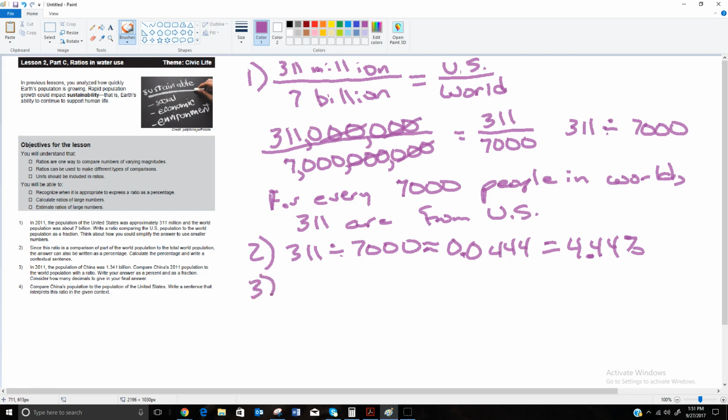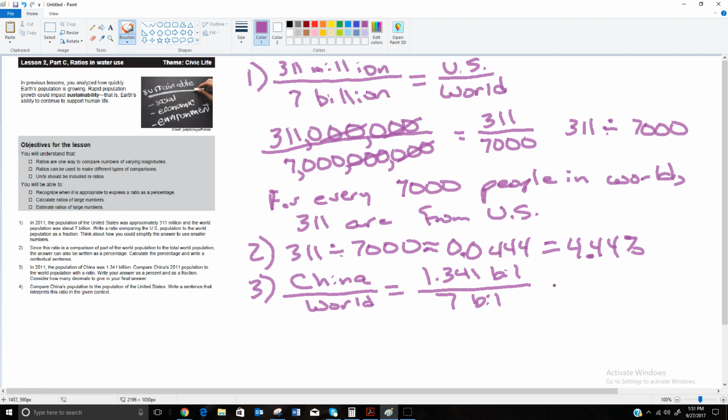So then for number 3, it says in 2011, the population of China was 1.341 billion. Compare China's population to the world population. So if we want to do the same thing we did with the U.S. with China, so China to the world is 1.341 billion to 7 billion.